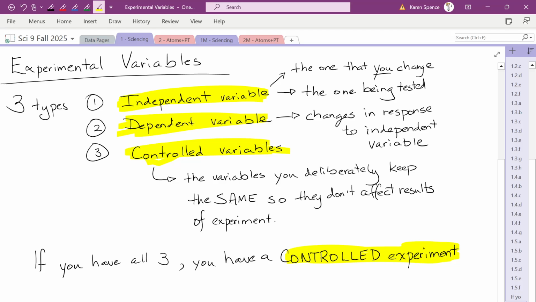If you don't have controlled variables, you do not have a controlled experiment.